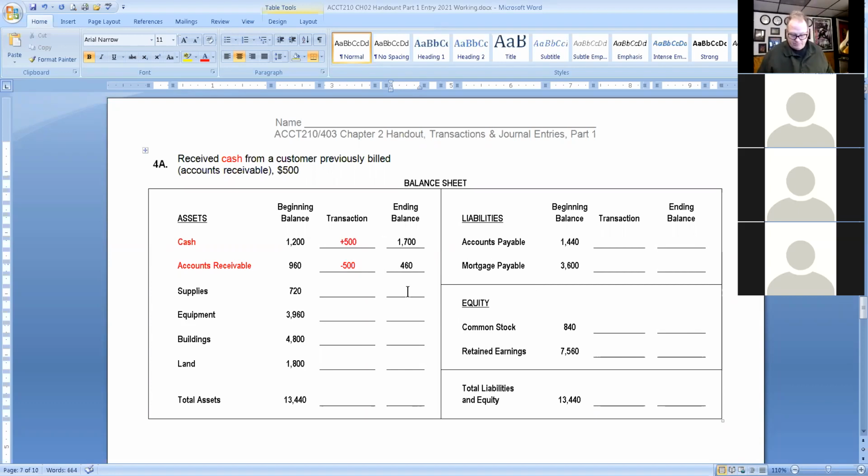It is the same. And this number should be the same. It'll be this plus 500 and minus 500. So it should be exactly the same total.